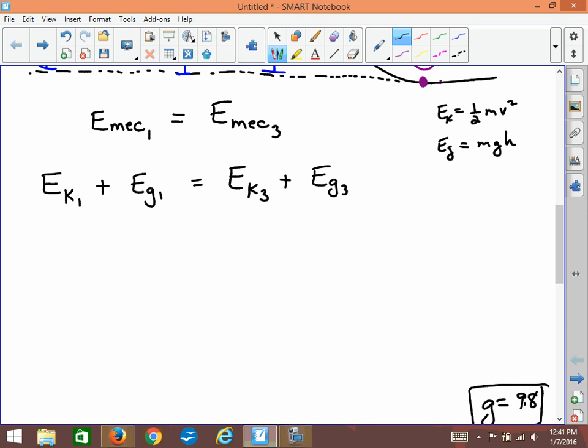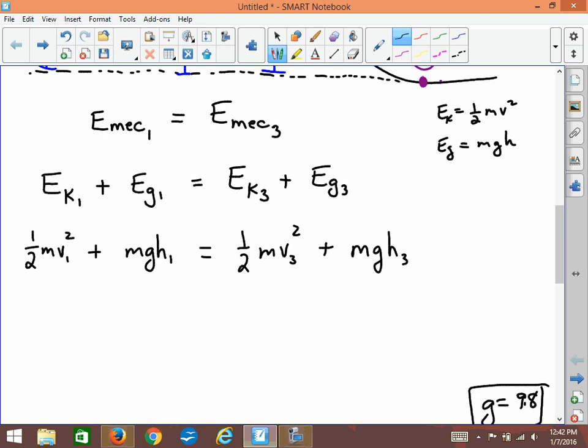We just know what those are equal. And this is 1/2 mv squared. We learned that before. We use the speed at position 1, and this is mgh, position 1, and this is 1/2 mv3, the speed of number 3 squared, and this would be the mgh3.